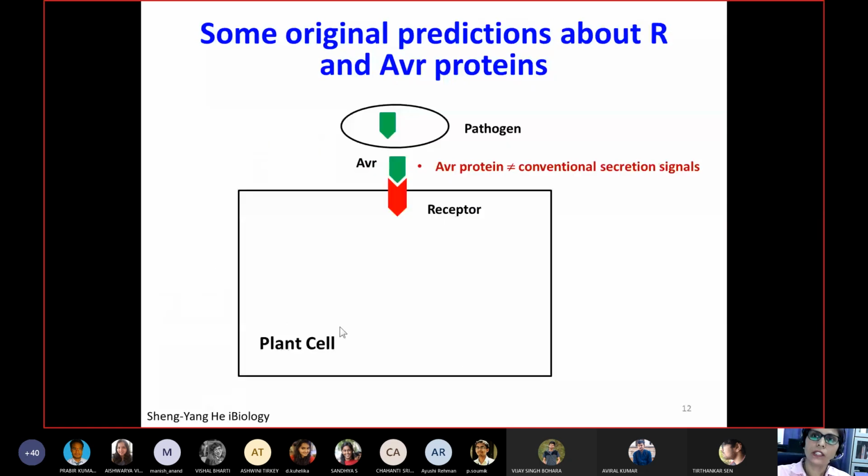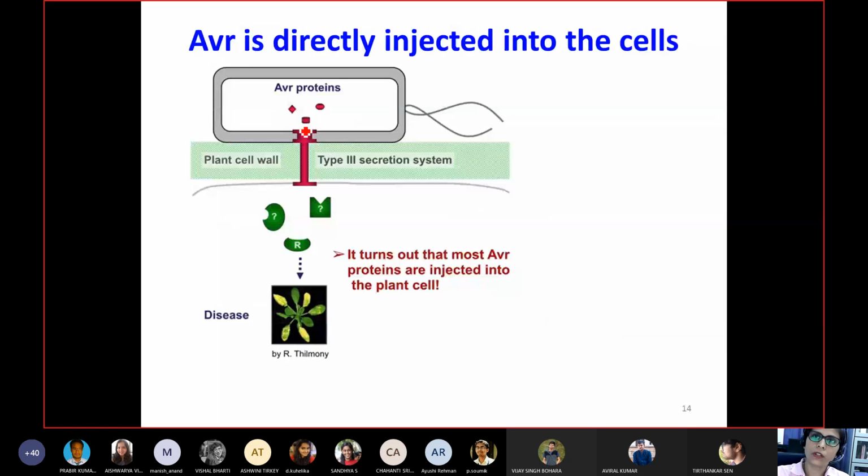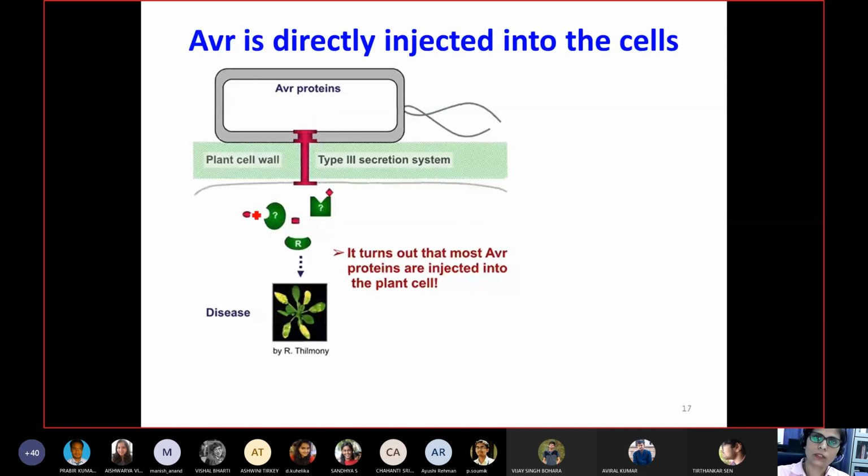That means you have a resistance gene present inside the cytoplasm, and a pathogenic virulence gene which is not secretory in nature, but directly transfers its effector proteins via the type 3 secretion system into the cytoplasm. Once it gets into the plant cytoplasm, it binds with your resistance gene.